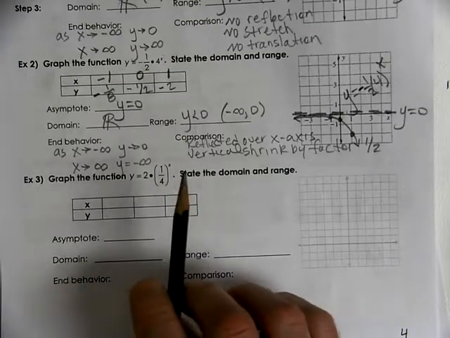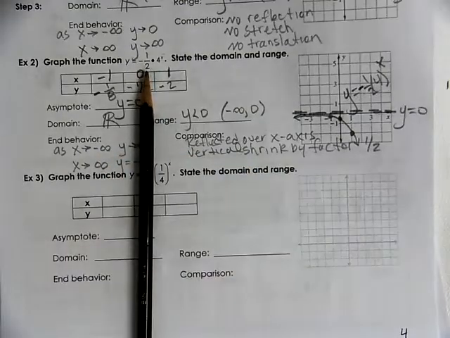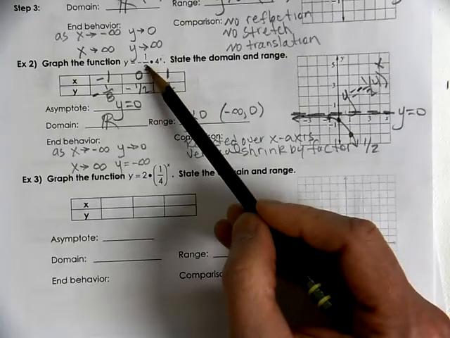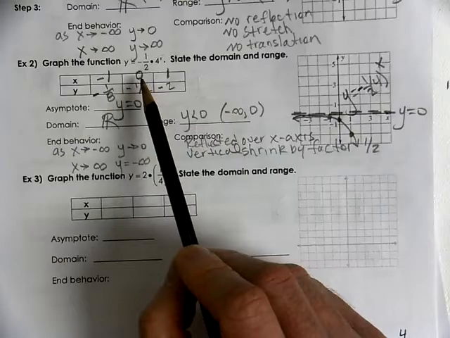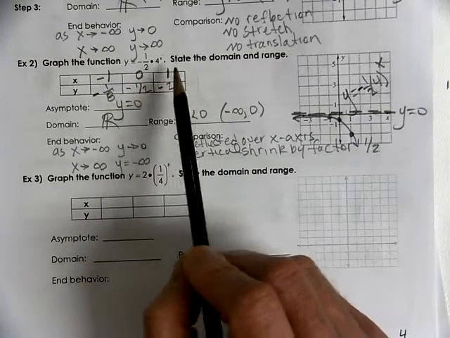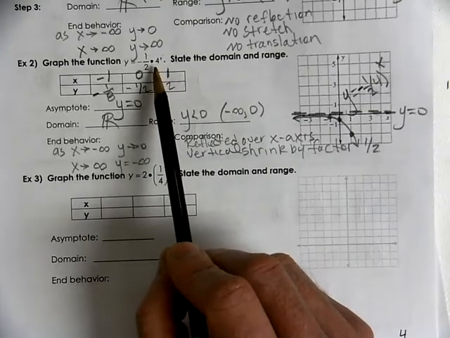Now, when we look at this one, you can really tell by looking at the equation, you see that the a value is less than 0. So right there, this is not exponential decay. This is not exponential growth. It looks like exponential growth because the b value is greater than 1.